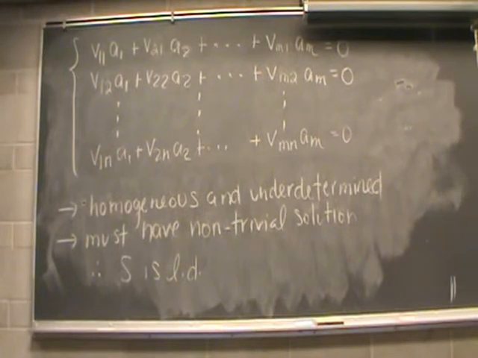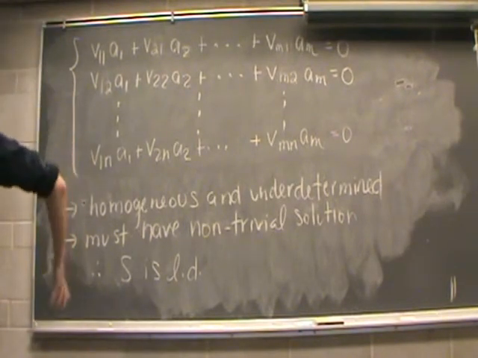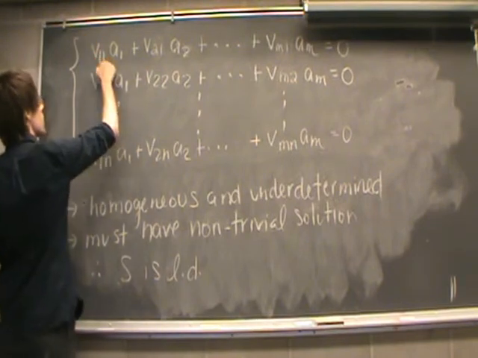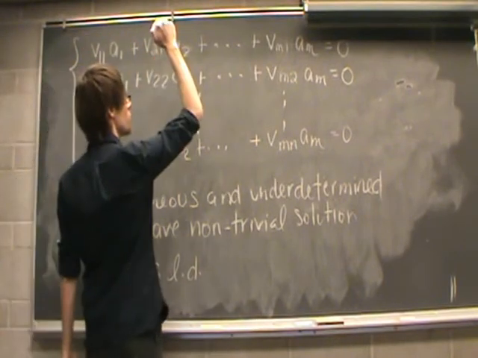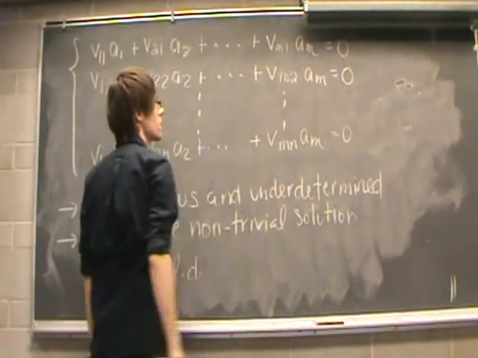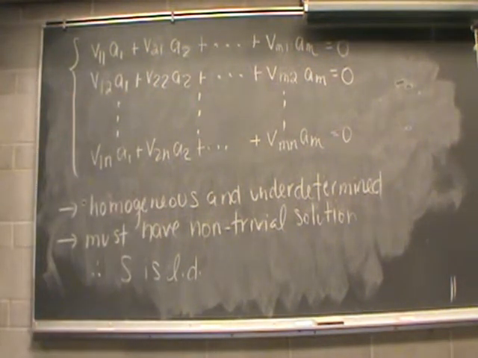We get all of the first components of each of our m vectors in the first equation: v11 a1 plus v21 a2 up to vm1 am. All of those components added together must be equal to 0.